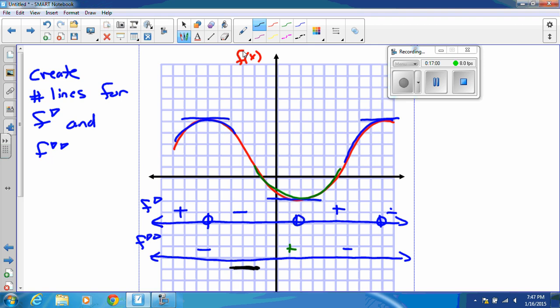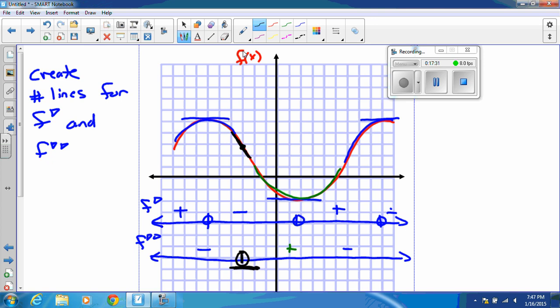The points of inflection are going to be the places where f double prime changes signs, and that's going to be somewhere right around in here. And to find the spot in the best possible way, we're going to look for the place where the graph becomes really the flattest, almost like a straight line. Because at that point, f double prime will be equal to 0. And of course, f double prime cannot change signs without either going through 0 or becoming discontinuous.